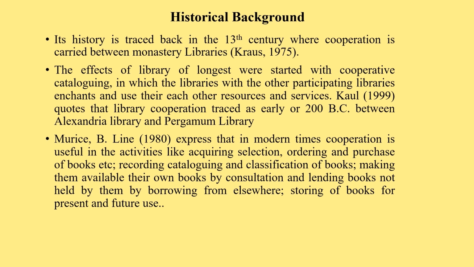Wilkins 1990 says that library cooperation can be traced as early as 2000 BC between the Alexandria Library and the Pergamon Library. That time itself, in 2000 BC itself, it had started. So historically, cooperation among libraries was restricted only to books and journals, and it was known as library cooperation.